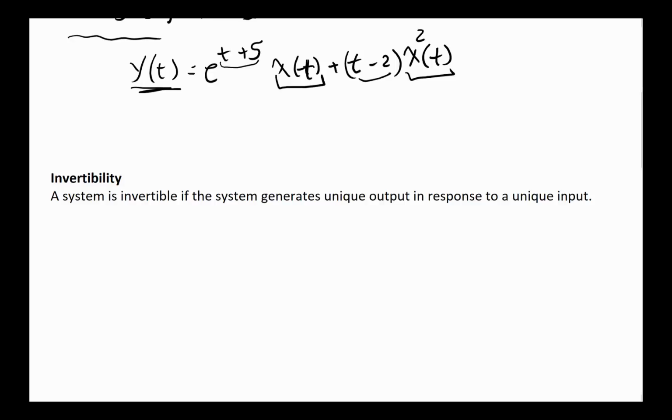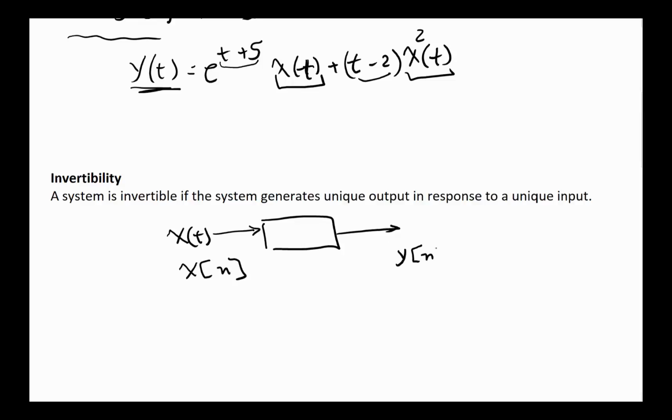What they're basically saying is that for every value of input, whether it's x of t or x of n, there is only one possible y of n, or correspondingly one y of t. There cannot be multiple possibilities.